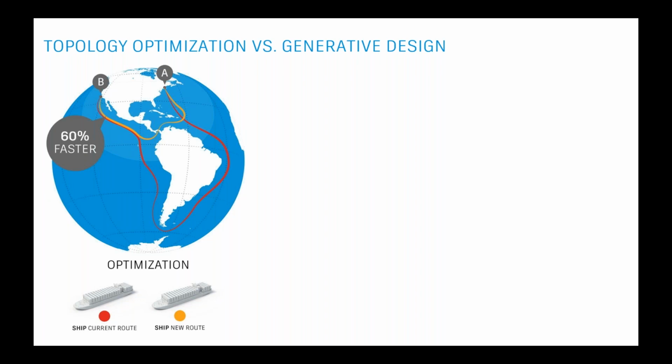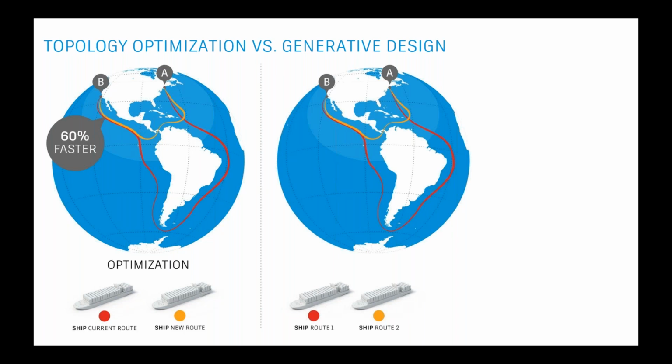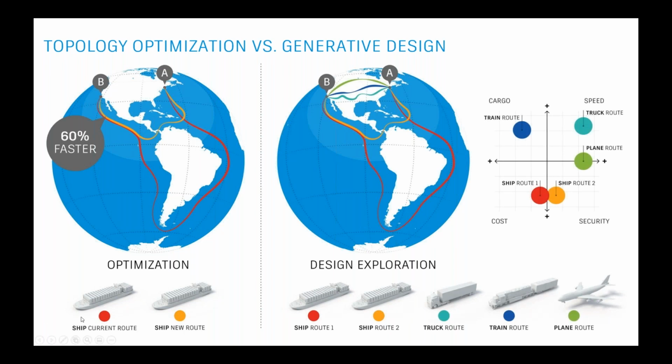When you utilize generative design, it will do that too. You can take an existing part and figure out how to make it lighter, but at the same time, in terms of the transportation analogy, it also will find a trucking route, a train route, a plane route, and then map all these out.